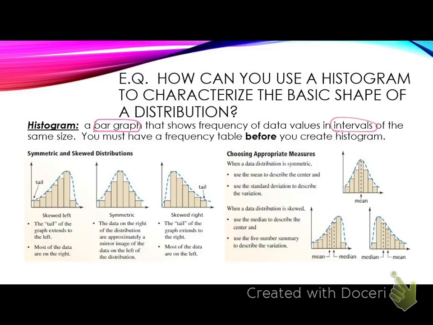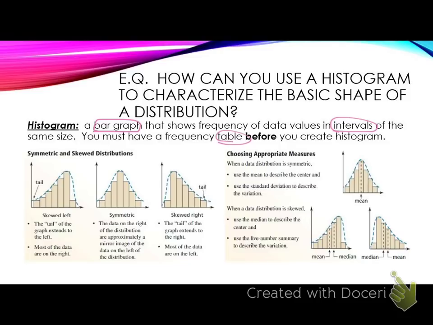So we're talking about intervals of 5, 10, or 20, depending on the data we're given. It's also important to note that you must have a frequency table before you can create a histogram. So before we can ever draw a histogram, we have to have a frequency table. If they don't give us one, then we are going to have to create one.